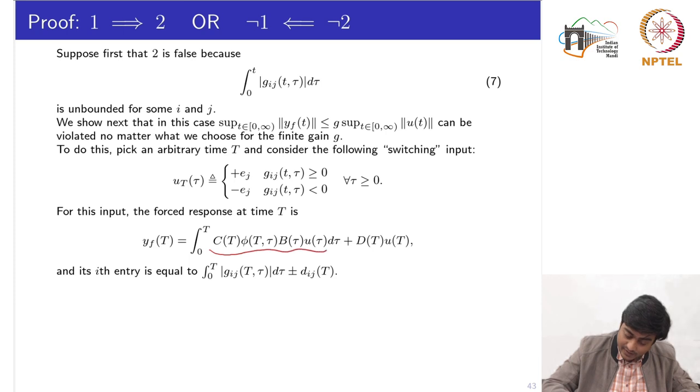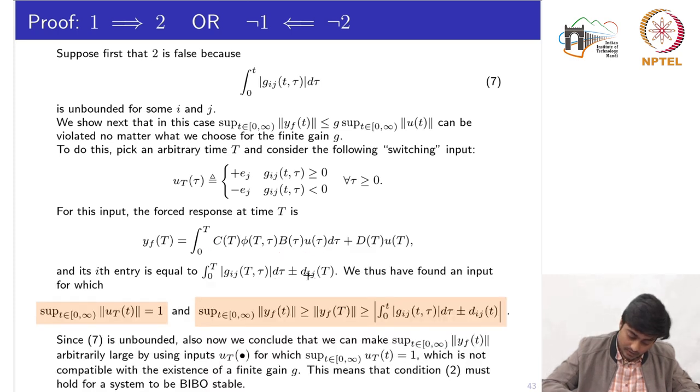Because we know that the ith entry of this part is given by this, and the ith entry of D of T is basically d_ij, only at time T. So what we have found is that although the input is bounded, because of the characteristic we have defined earlier, if I take the supremum of the norm of the signal y, it is always greater than or equal to the norm of the signal at time T, which is greater than or equal to the absolute value of its ith entry, which is given by this part, again using similar triangle inequalities.